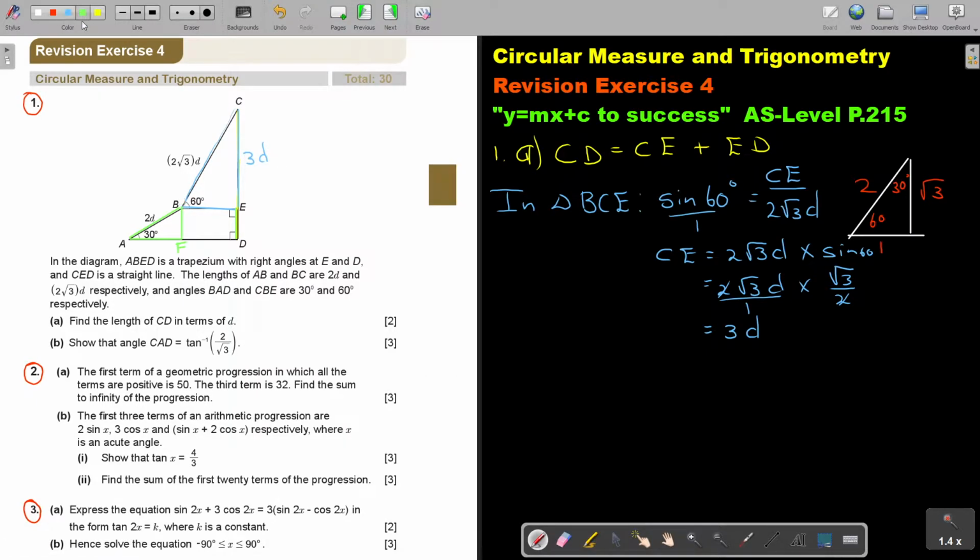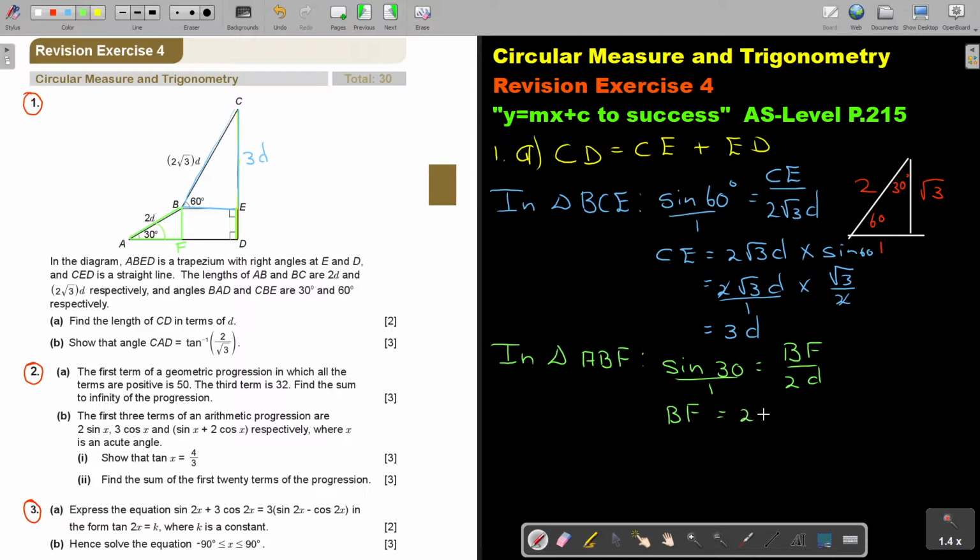Now I'm going to work in the green triangle. I'm going to say in triangle ABF, I want BF. So it's again opposite over hypotenuse, but it's now going to be sin of 30 degrees. Can you see 30? That's going to be BF over 2d. Then I'm going to cross multiply.